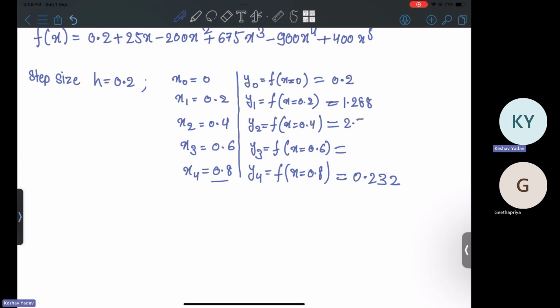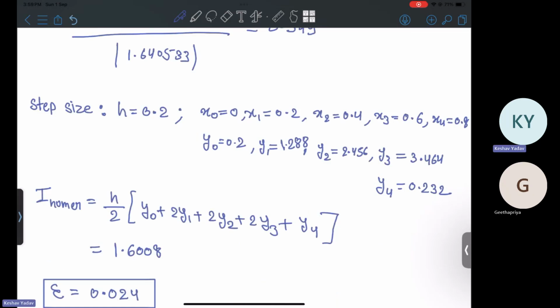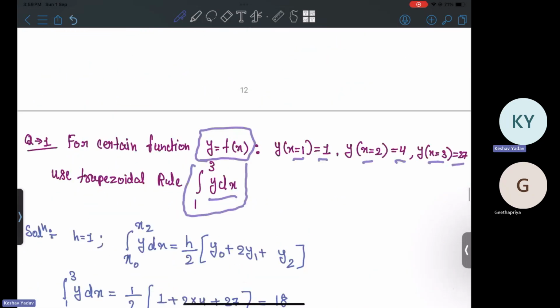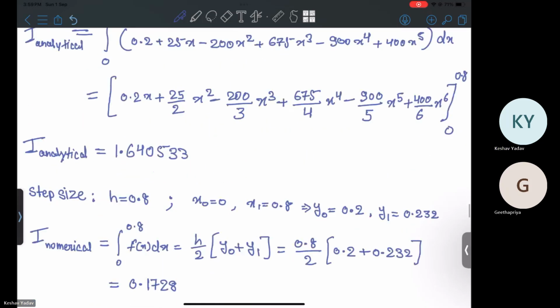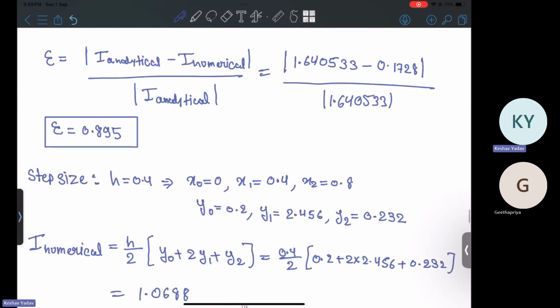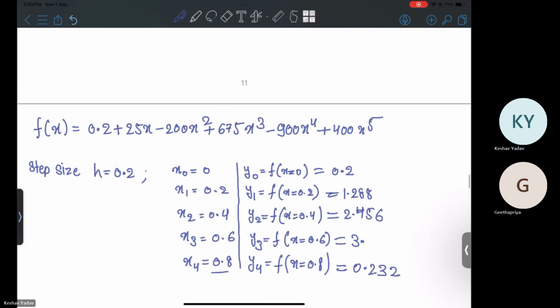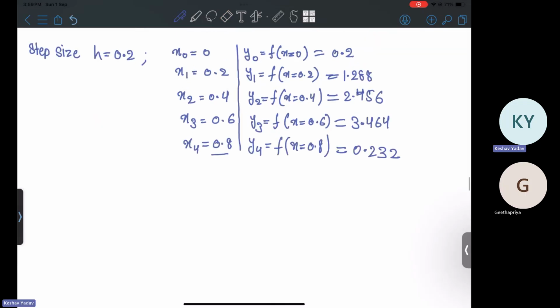This will be 2 point something, 2.456, and this one 3.464. Okay, so this is what we have found. Good.